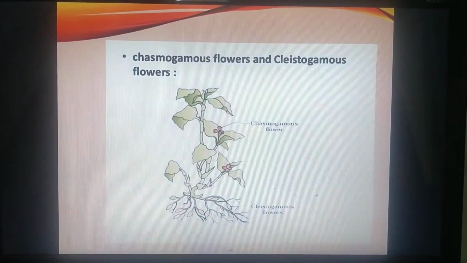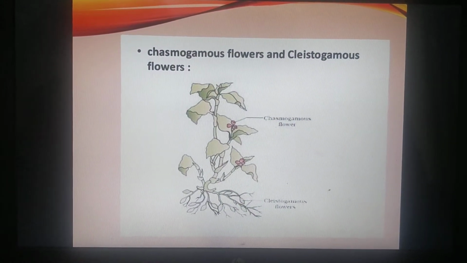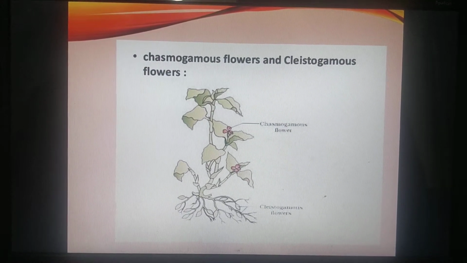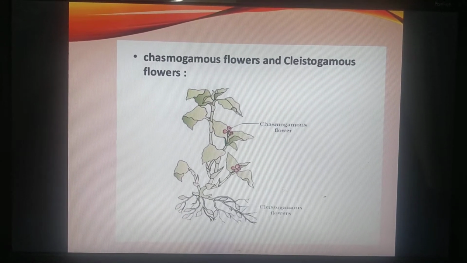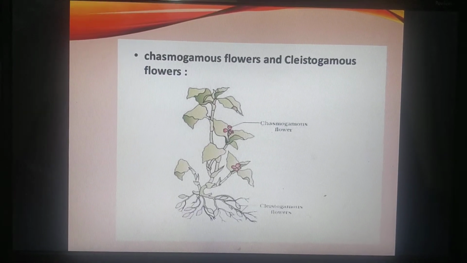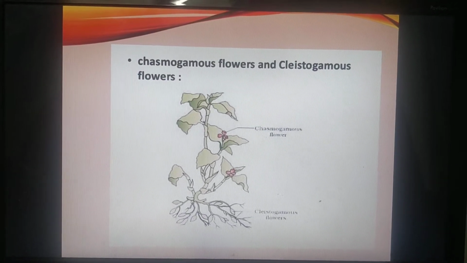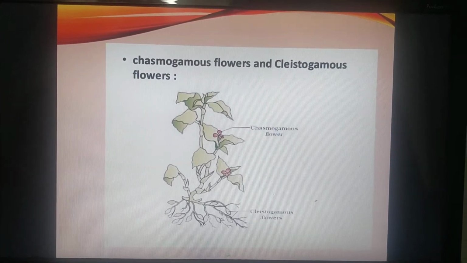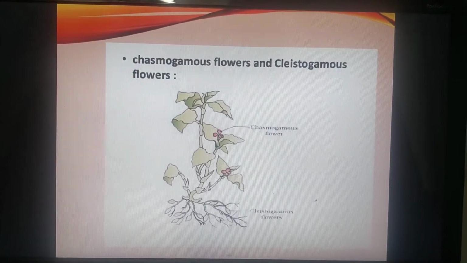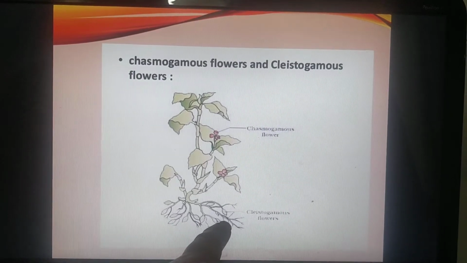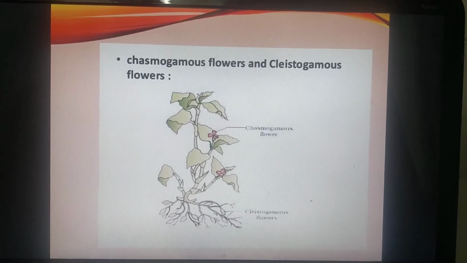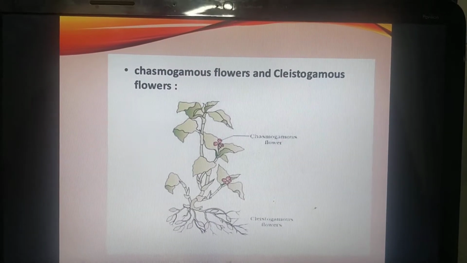Then in some plants, two types of flowers are produced, chasmogamous and clistogamous. This is a diagram given in your NCERT book. So this is a self-pollinating flower. Here clistogamous flowers are always closed. Here only self-pollination occurs. But chasmogamous flowers are just like other flowers.